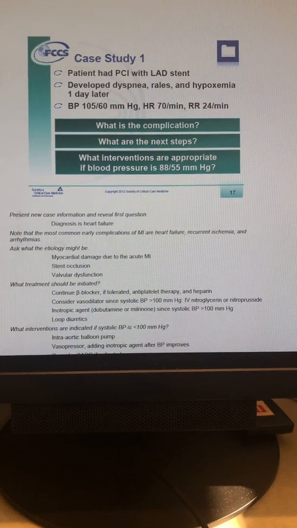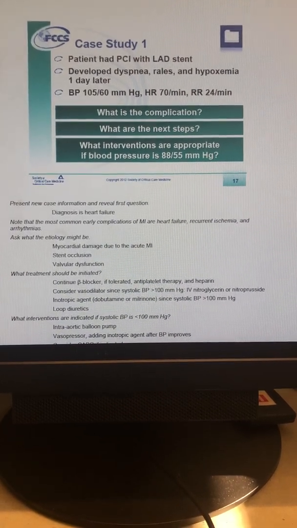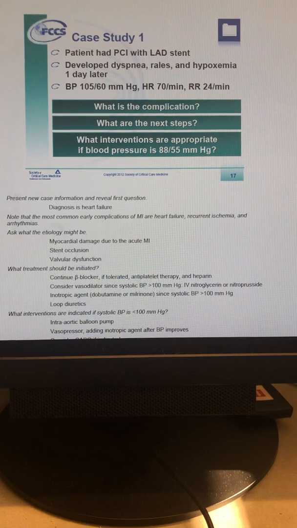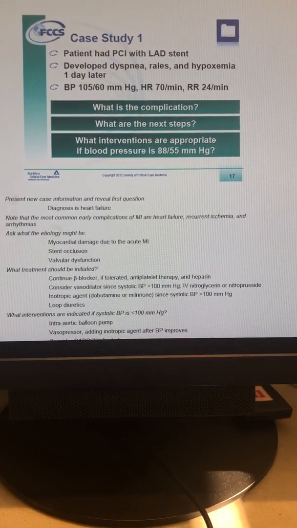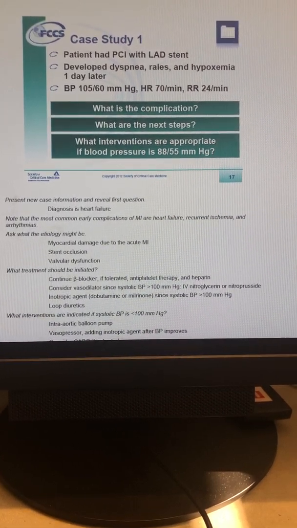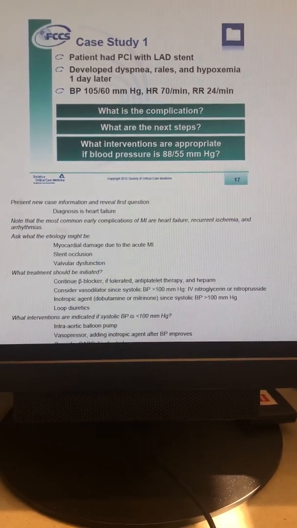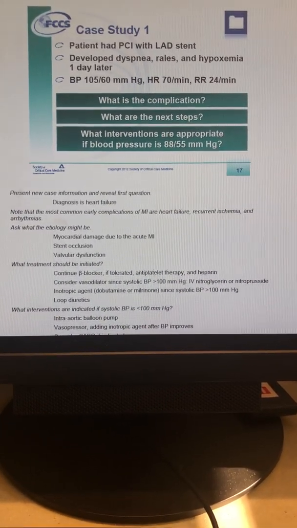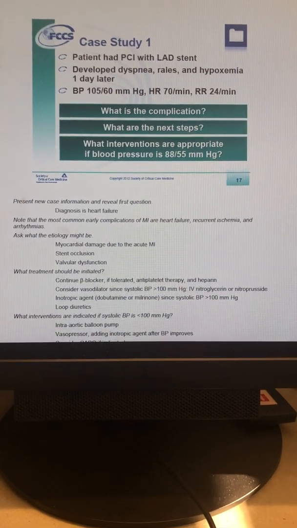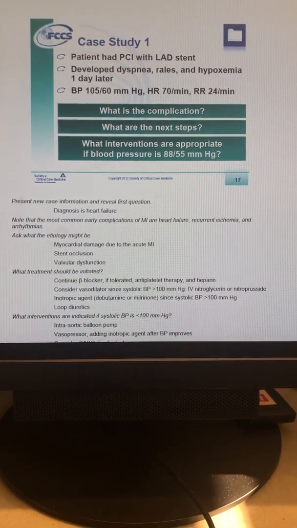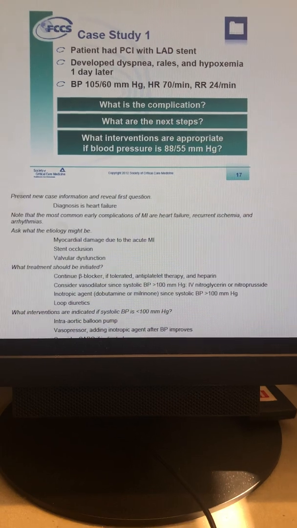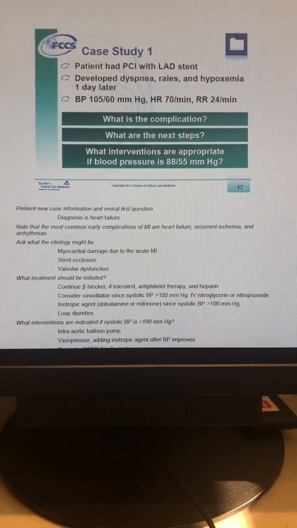If their blood pressure is low, you have to think about other methods of supporting them. Obviously, you give them Lasix. We all know with pulmonary edema, congestive heart failure, we give them Lasix. So you give them Lasix and continue the medical treatment if you think all of their symptoms are related to their heart attack.